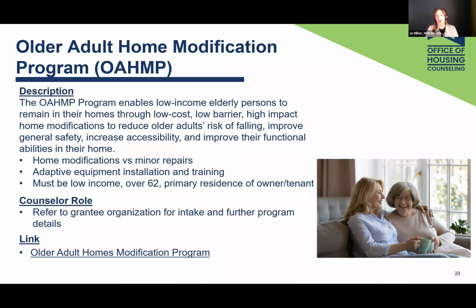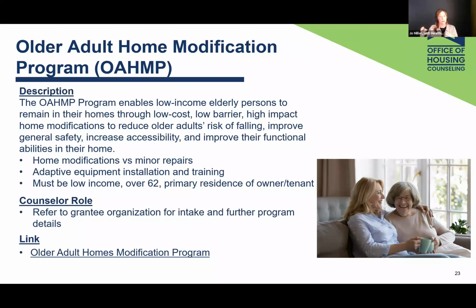Our older adult home modification program enables low-income elderly adults to stay in their home. We have high impact modifications for people to be able to stay safely within their home. The program includes having an occupational therapist either on staff or on contract with the applicant.